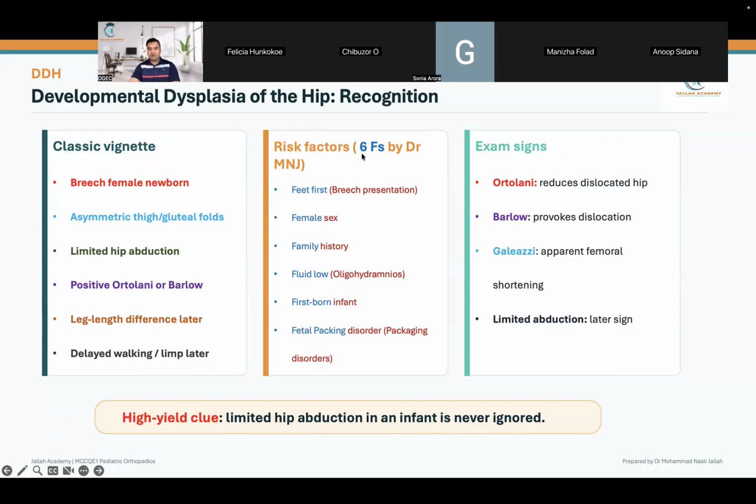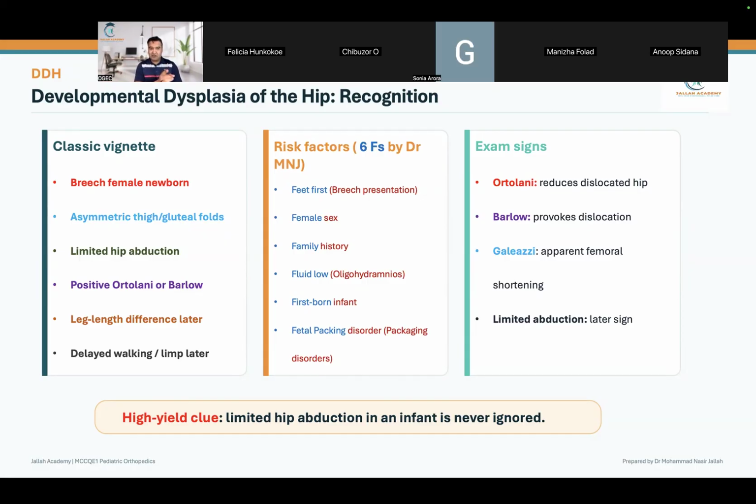Now, the risk factors, just remember 6F. These 6F don't have to all be present in the scenario. Probably 2, 3, or 4 of them might be in the scenario. So what is the first F? Feet first. It means breech.